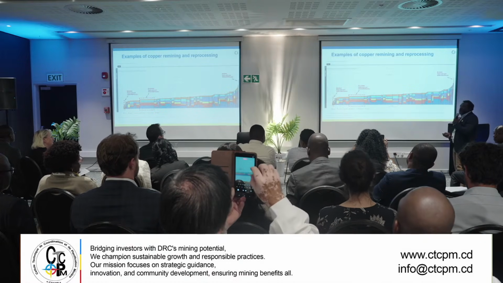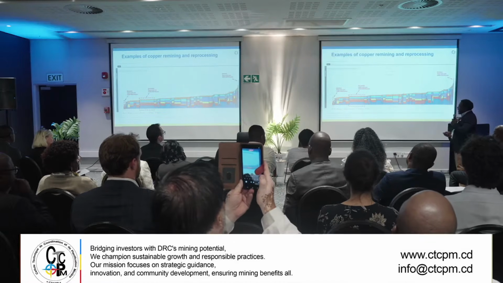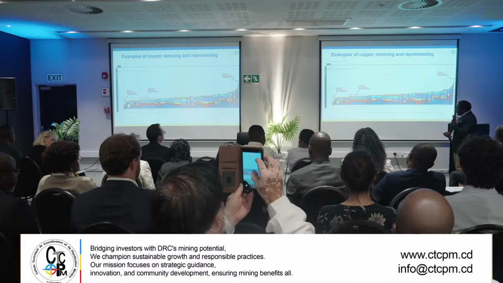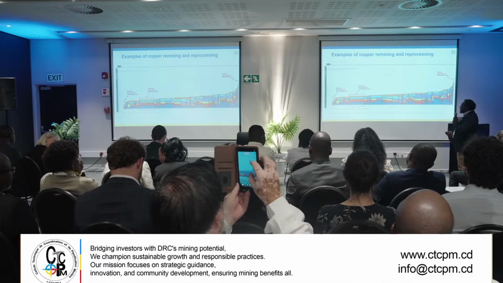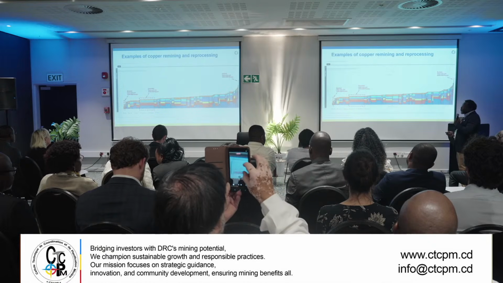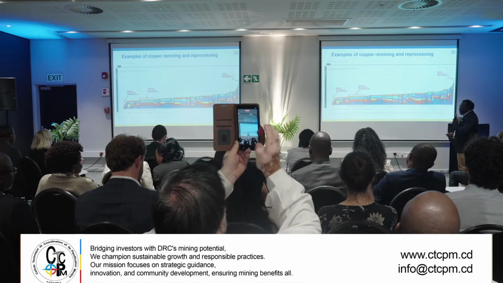So if you take Metal Gold, which is a tailings reprocessing project in the DRC that produces copper and cobalt, the total cash cost is about $1,600 per ton. But the total paid copper is at a very low end.